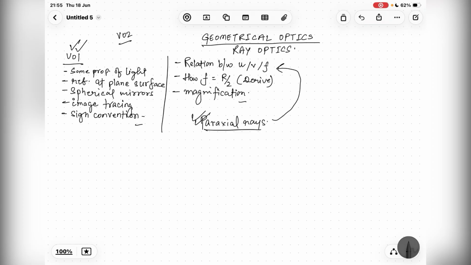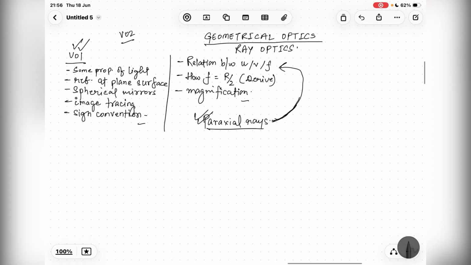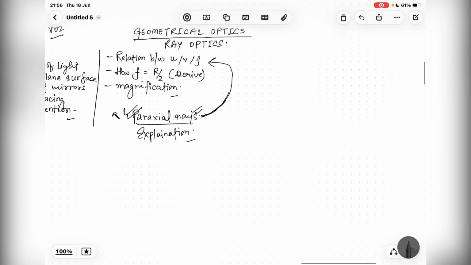So if you don't know what paraxial rays are, you should, although I will give a very brief explanation, but still you should visit the last video and see what paraxial rays are.